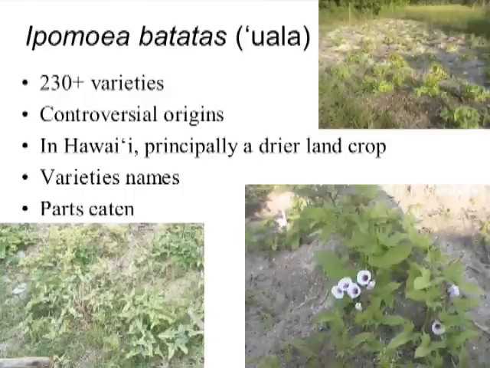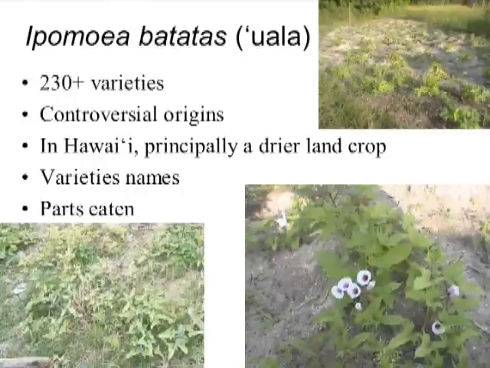In Hawaii, uwala was primarily a crop of drier lands. It certainly grows just fine in wetland areas, although not in swamps, but it grows very well in dry soils and wind-blown areas, and in many parts of the Hawaiian Islands where taro will not grow very well, uwala does quite nicely.